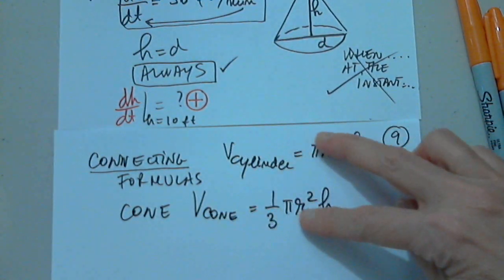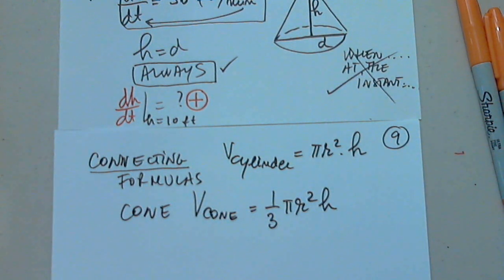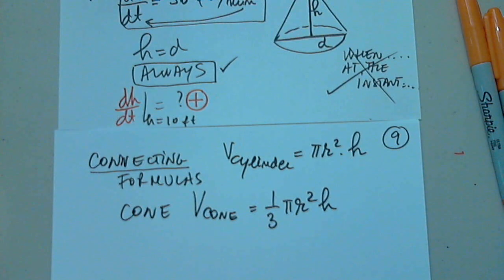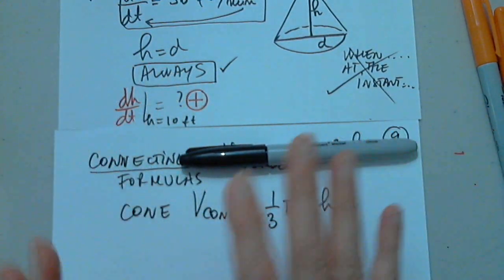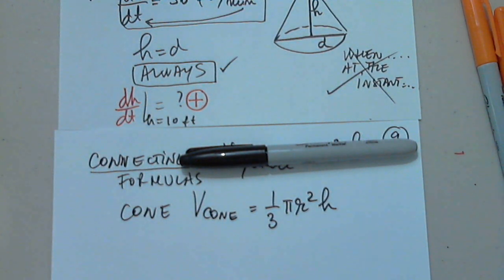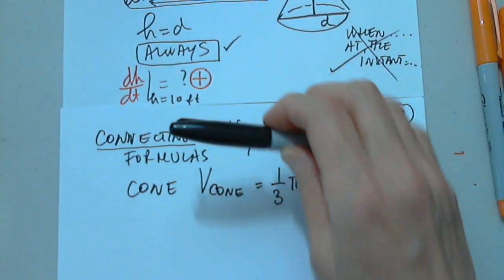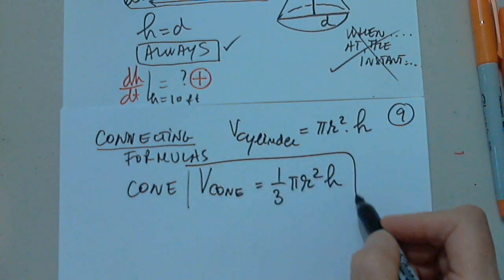If you remember the volume of the cylinder, just divide by 3 and you get the volume of the cone. Now this is not relevant. I just wanted to connect them to show you how to remember them easily. We only need the volume of the cone.